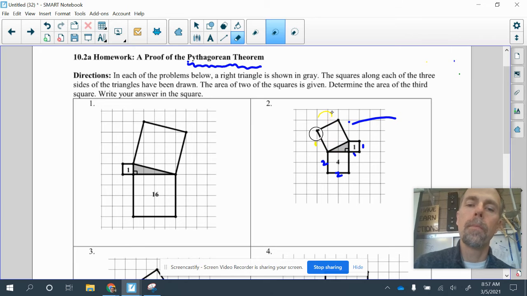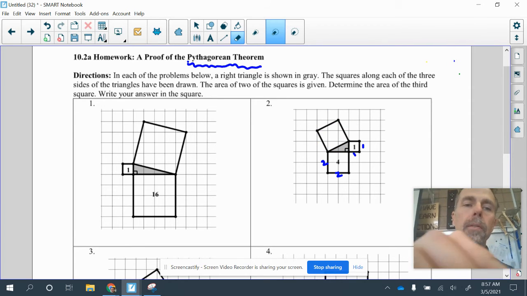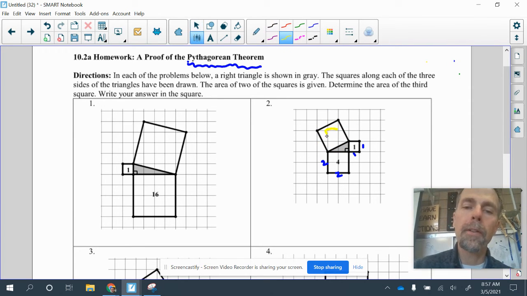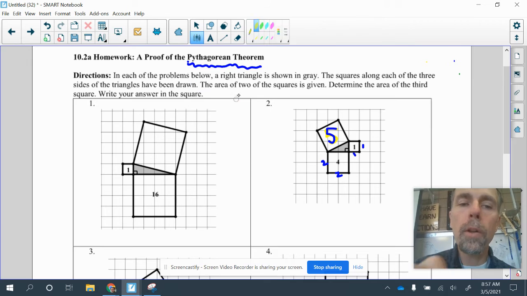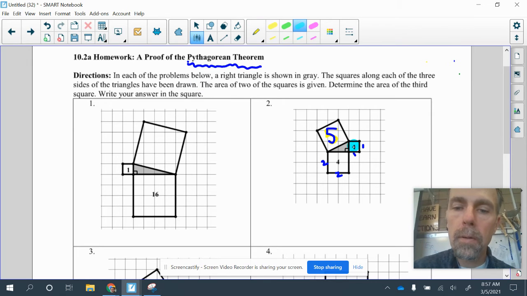But I want you to notice something. There's an easier way to figure out that this is 5. Guys, you see the 2 small squares? See this one, plus this one? What's 1 plus 4? It's 5.